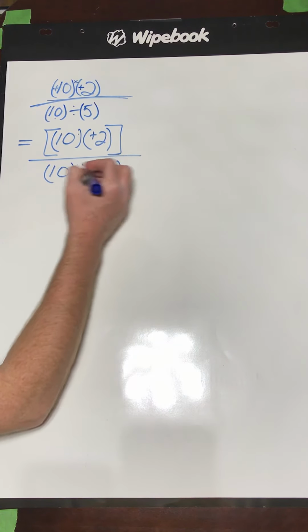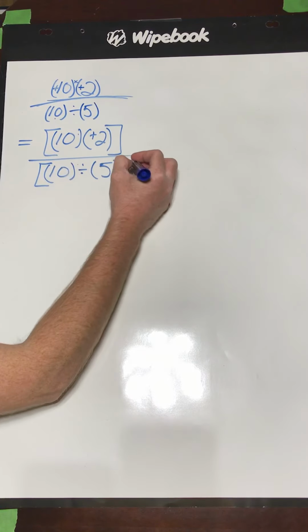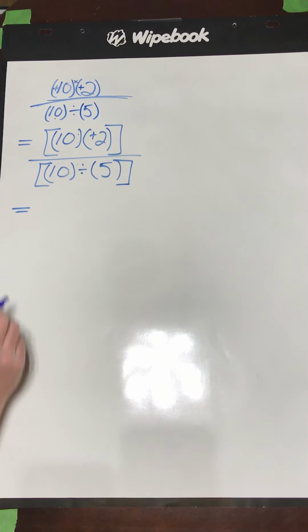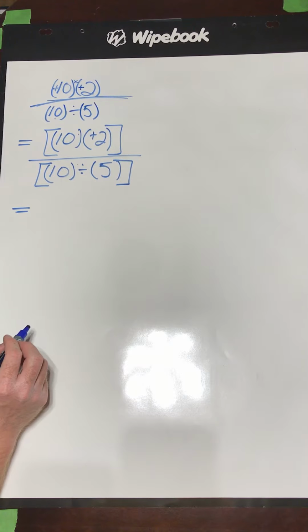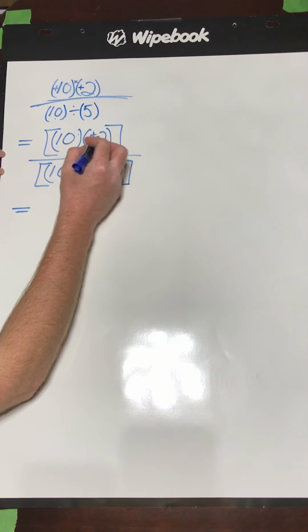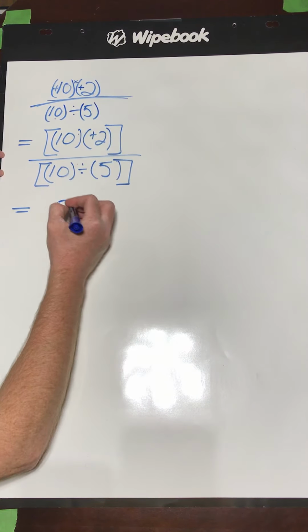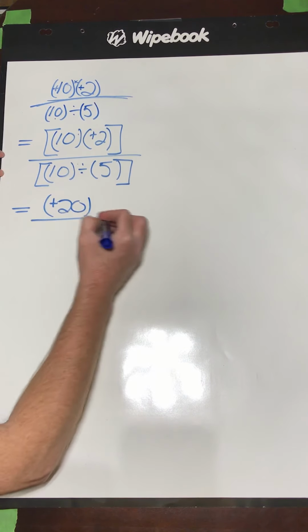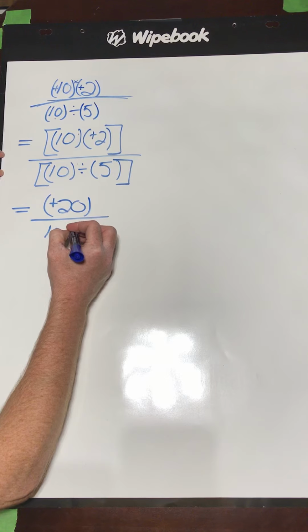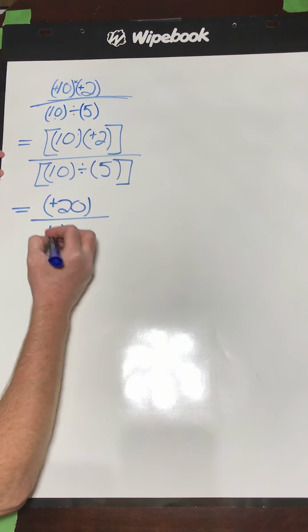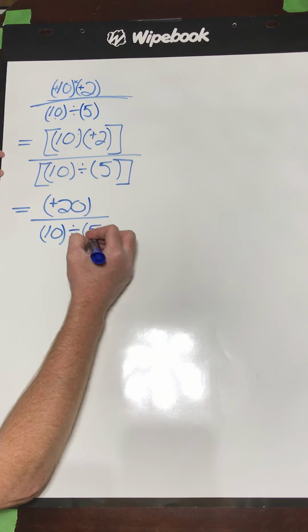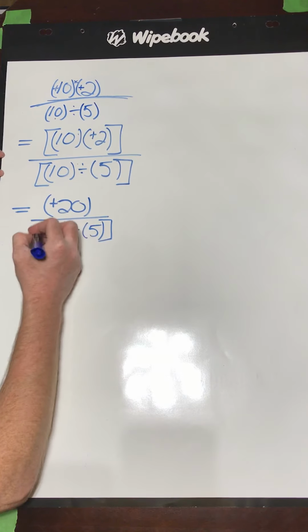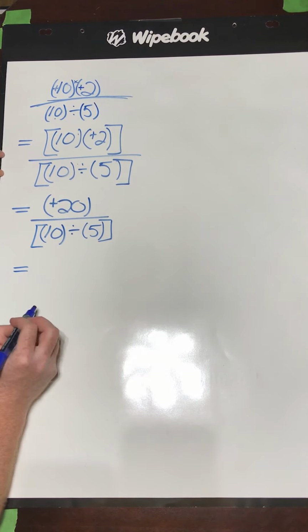So I do them separately first. So I'm only going to work on the numerator first. So I have 10 times +2. Well, that is +20. And I'm going to put it all over the denominator, which I am not working on because I'm just focused on the numerator right now, which I have solved for.